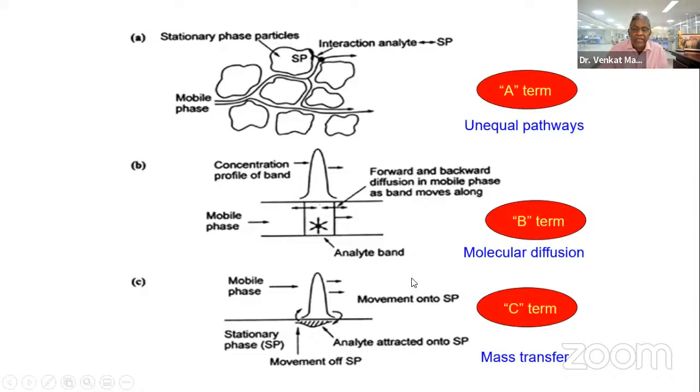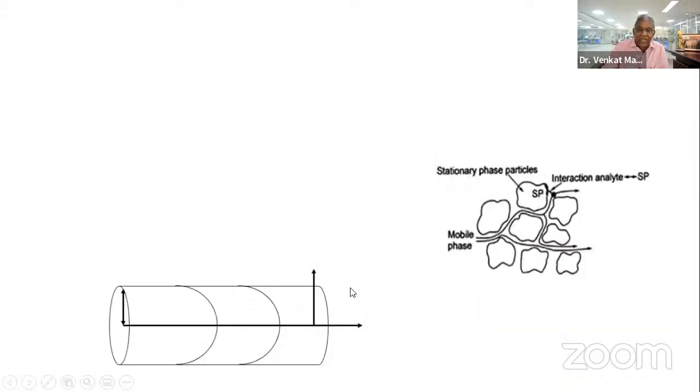The third one is mass transfer. When my stationary phase releases from the mixture, preferentially analyte 1 or analyte 2 or analyte 3, how much goes back into the mobile phase from the stationary phase. That is the C term. This is how it is pictured.